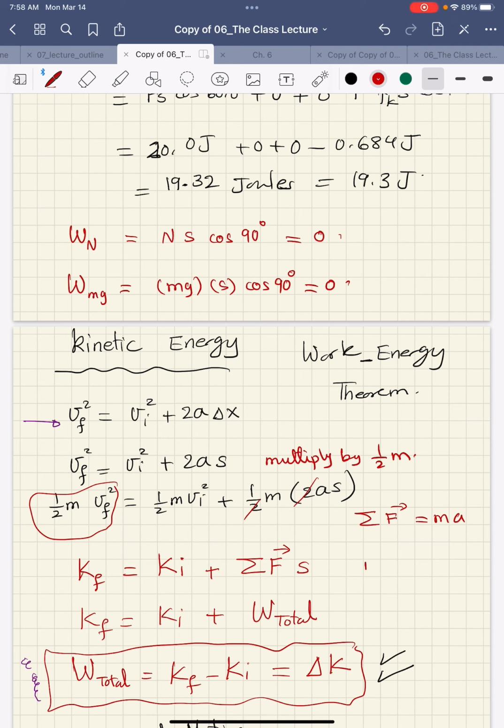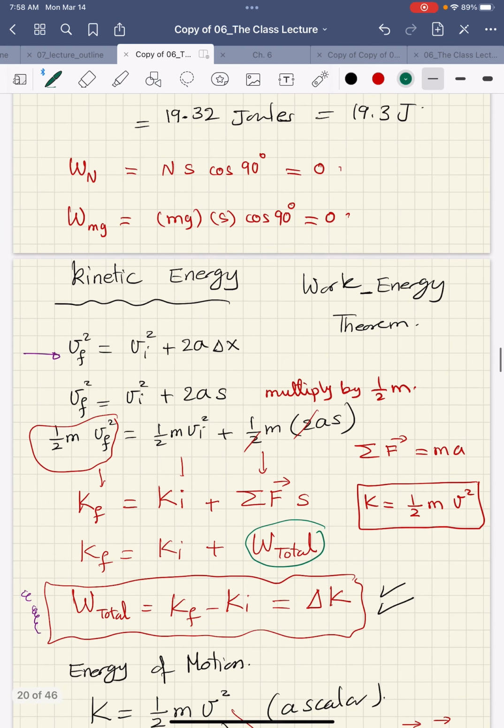I define now something called kinetic energy, which is 1/2 m v squared. Then this is K final, this is K initial, and that is sigma F multiplied by S. Remember, this is the total work. I can bring the Ki to the other side. Then the total work is K final minus K initial, or delta K.